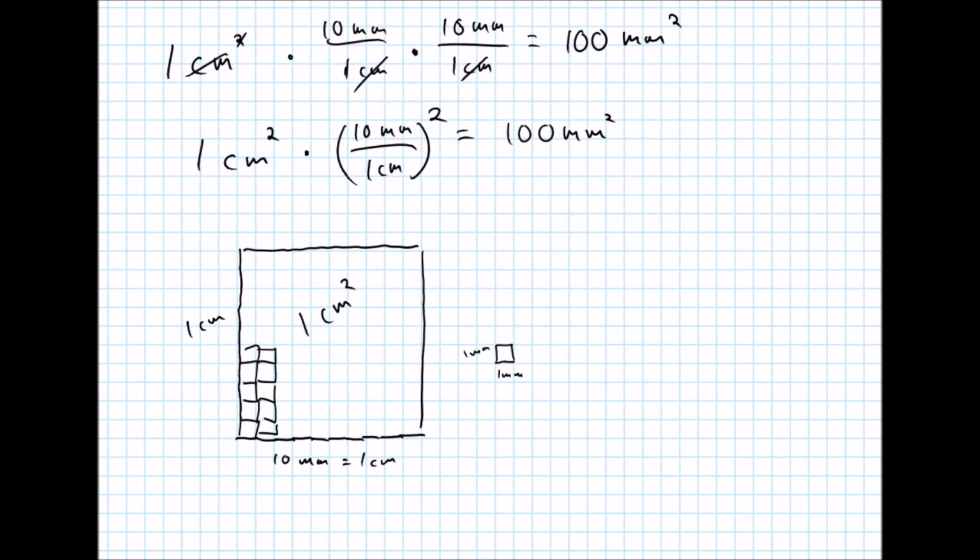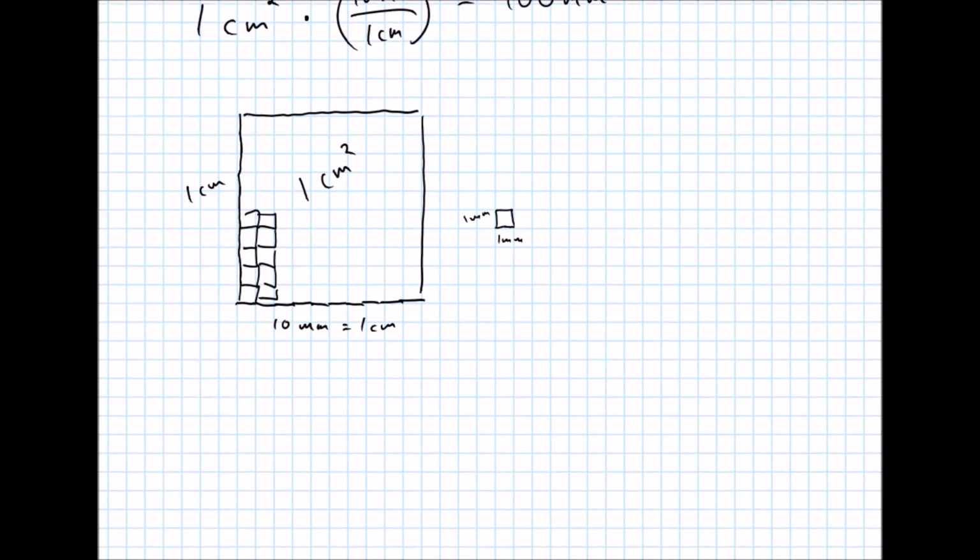Let's do just one more of these. Let's say that I have 10 cubic meters. So that's volume, cubic meters. And I want to convert it to, how about cubic inches? Let's see if we can do this. So 10 meters cubed.